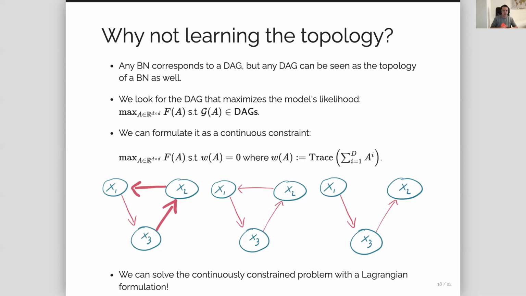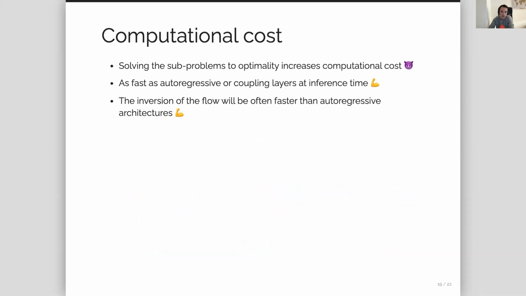And so at the end, we can now use this continuously constrained problem, use a Lagrangian formulation and solve it with usual tools such as gradient descent. Of course, this has a computational cost, in particular during the training phase, because this optimization takes some time to converge from something that is not acyclic, because we start with a graph that is fully connected. We do not make any assumption about any independencies.